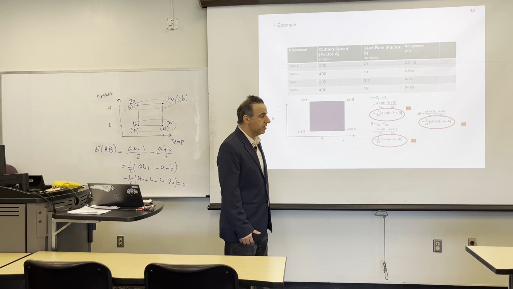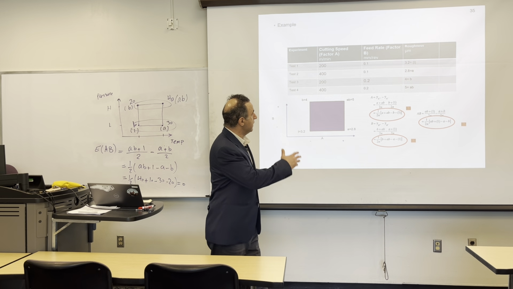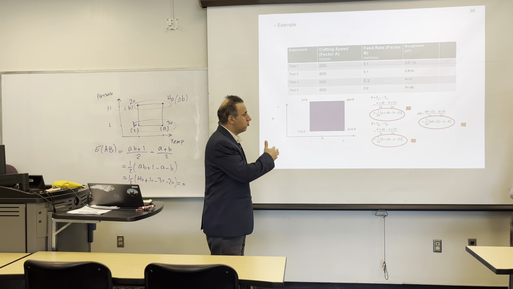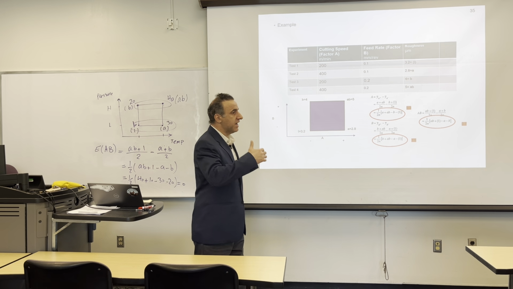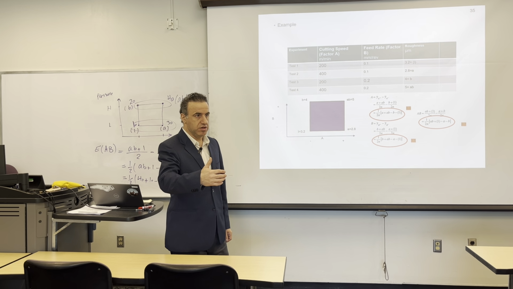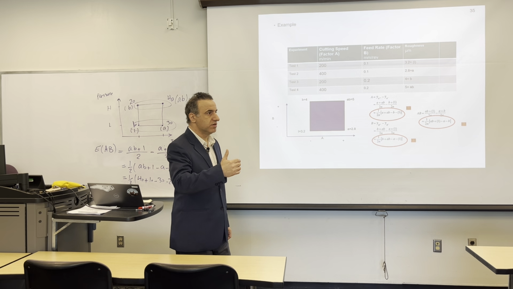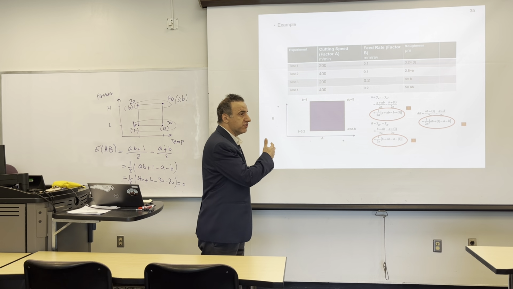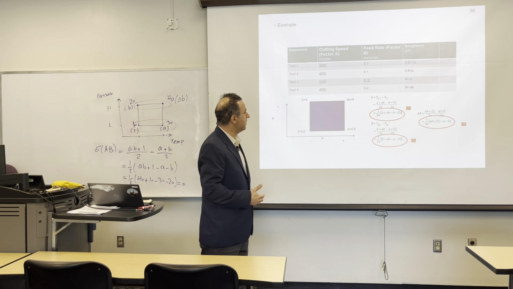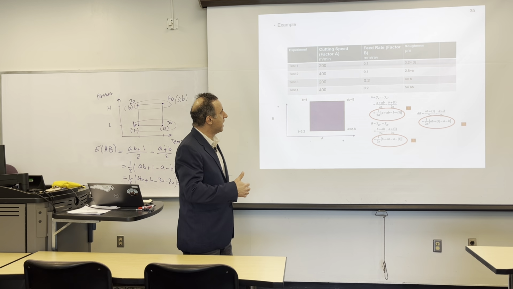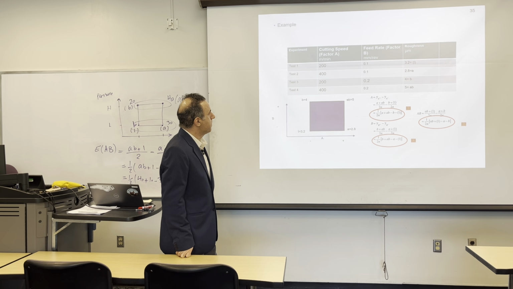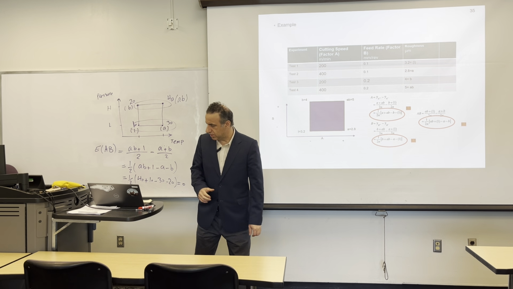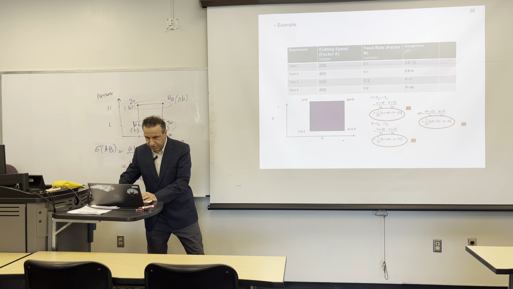For the effect of B, which is feed rate, it shows a larger number. So it means feed rate has a larger effect on the roughness compared to cutting speed. Cutting speed did not have much effect. You can easily see that effect here.